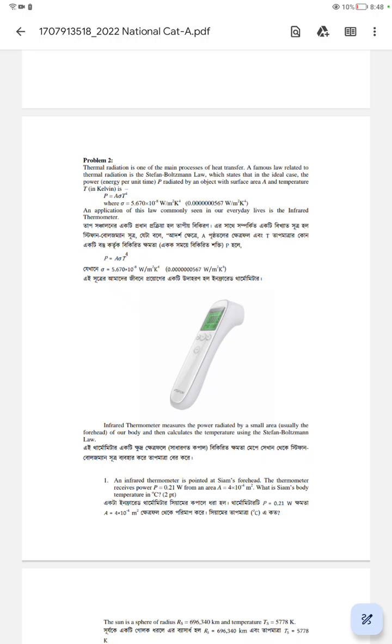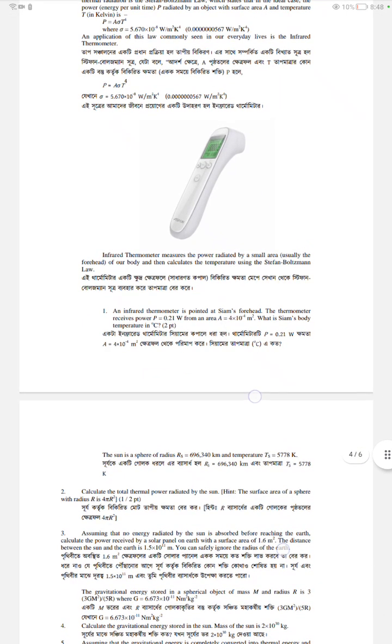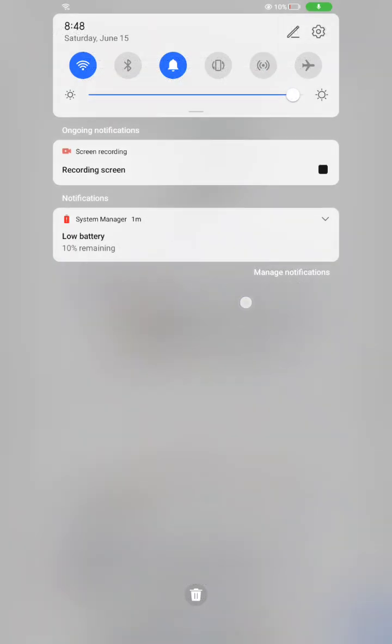An application of this law commonly seen in our everyday lives is the infrared thermometer. An infrared thermometer measures the power radiated by a small area of our body and then calculates the temperature using the Stefan-Boltzmann law.